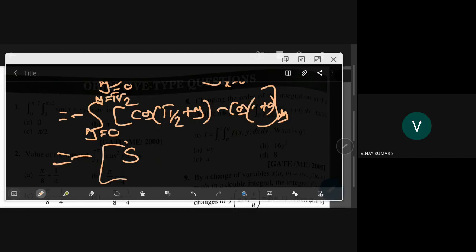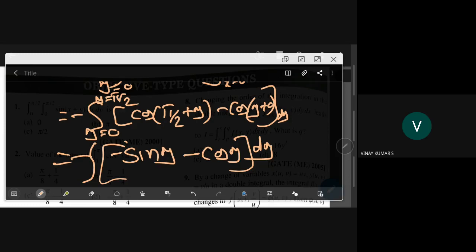So here cos(pi by 2 + y) is minus sin y, and the other is minus cos y, dy. So minus minus will go. So you have the integral, sin y is minus cos y, and cos y is sin y, plus sin y you have. And here the y limits are 0 and pi by 2.